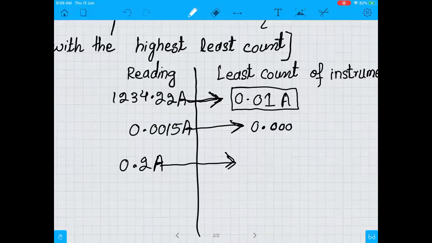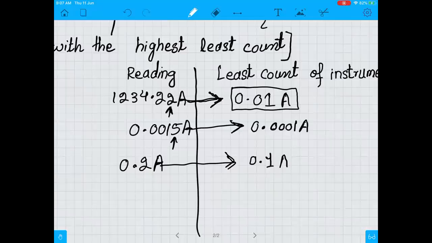So least count is basically the last significant digit, the digit at the rightmost position. That digit represents the least count. Least count is the smallest value that an instrument can measure. For the third instrument, the least count is 0.1 ampere.